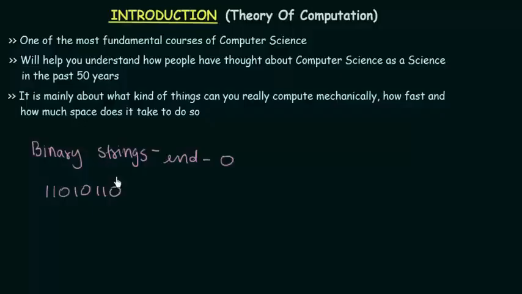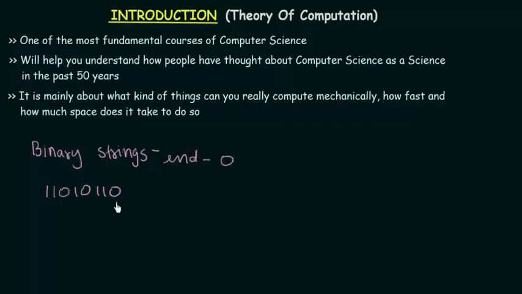Okay, now what I want to do is I should check whether this string is accepted by my machine. So as a human being, how would I perform this task? As a human being, I would just look at the last digit, and if I see that it is 0, I say yes, I accept it. Or if I find that it is equal to 1, I say no, I reject it. So how would a machine do this?